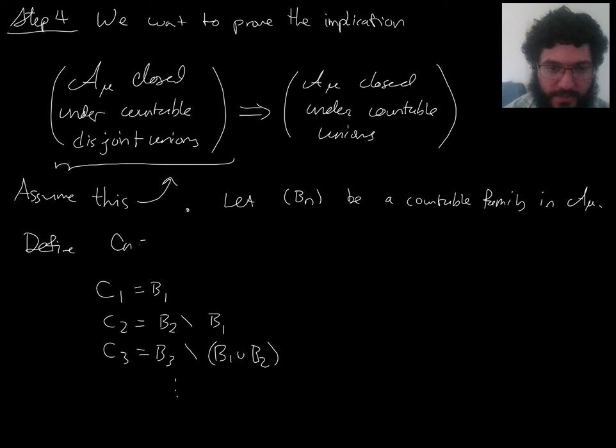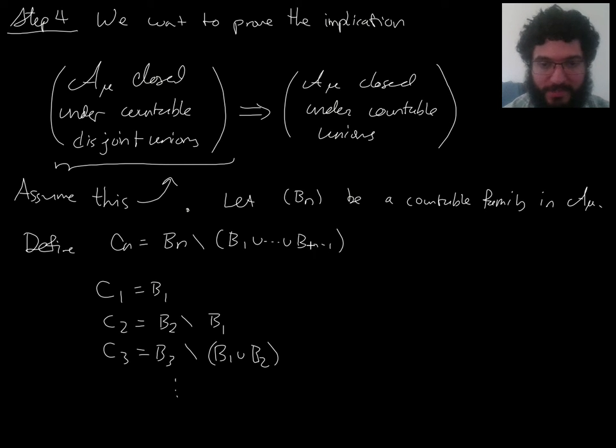So in other words, define C_n to be B_n, and then delete the union from B1 up to B_{n-1}. In the case where n is 1, the union from B1 up to B0 you should interpret as an empty union, so you're not deleting anything.